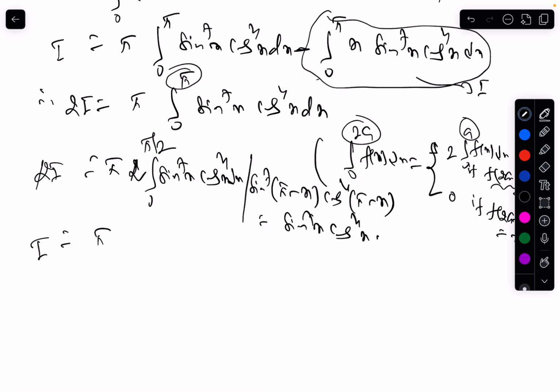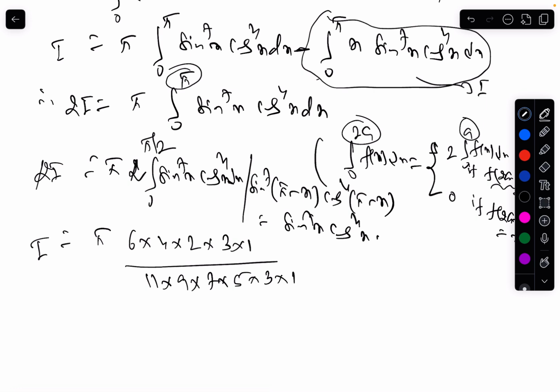So that is nothing but, you can use the reduction formula. So that is now 6, 4, 2, 4. So this is 3, 1. 7 plus 4, 11. Then 9, 7, 5, 3, 1. And we can just simplify.